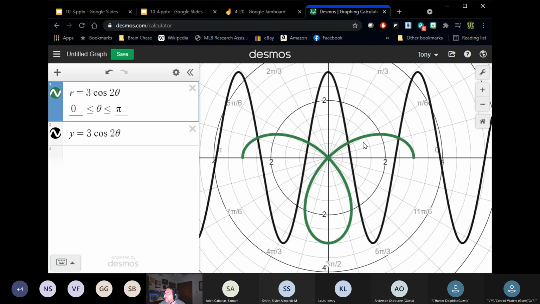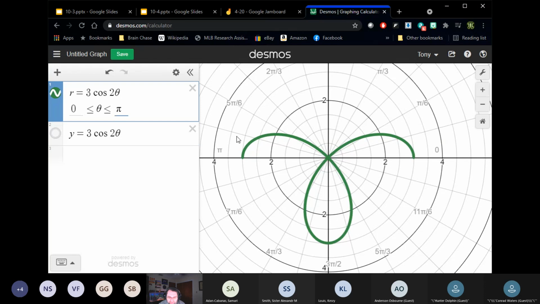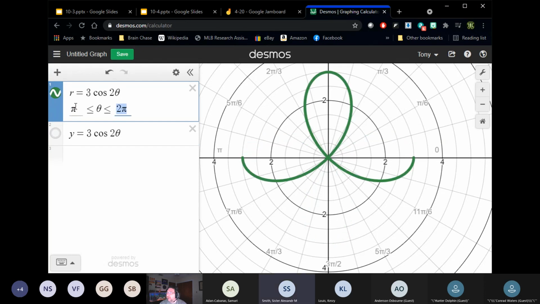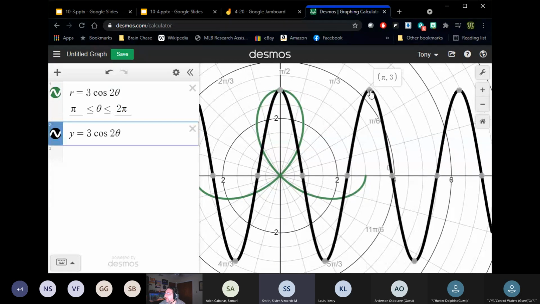So if I look at one whole rotation, that right there is one curve from 0 to pi. Now, if we were to finish it off by going to 2 pi, that's when I fill in. So if I looked at pi to 2 pi, I get the second part of the graph. And that's from this part over here to that part.